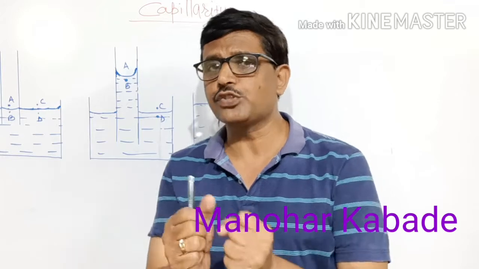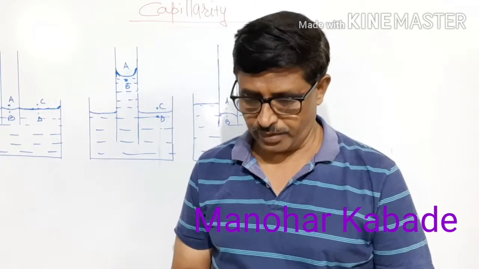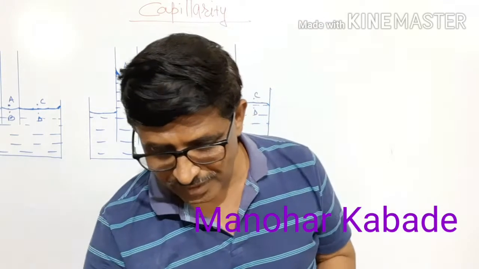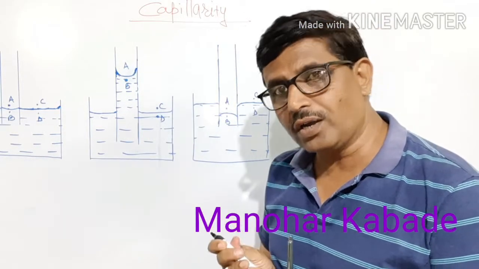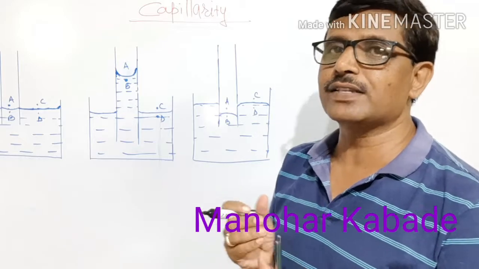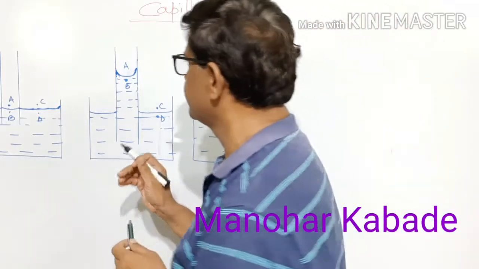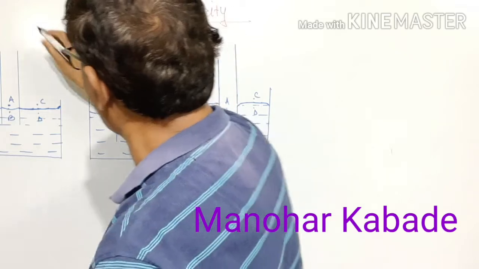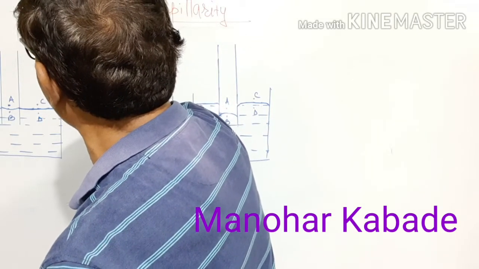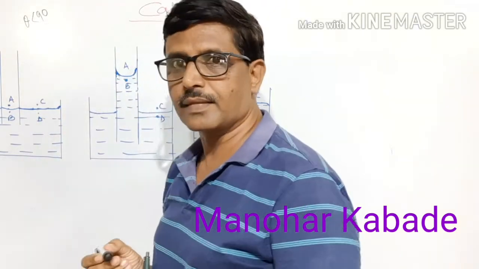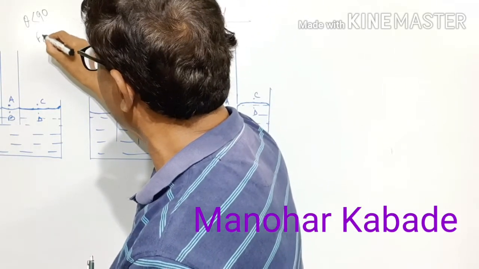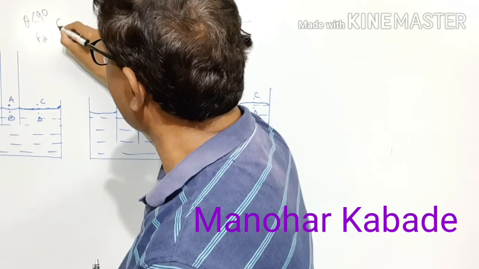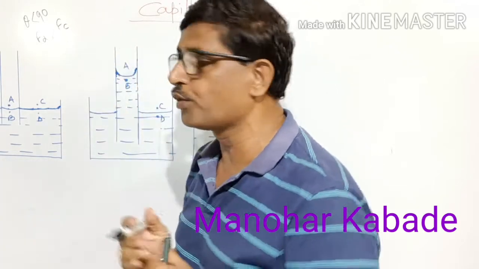Why does it happen so? For the liquids which partially wet the solid or which totally wet the solid, the angle of contact theta is less than 90. The adhesive force is greater than the cohesive force.